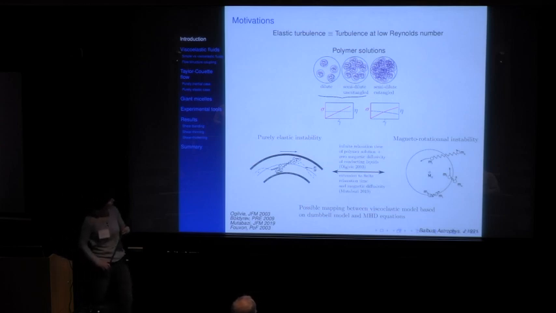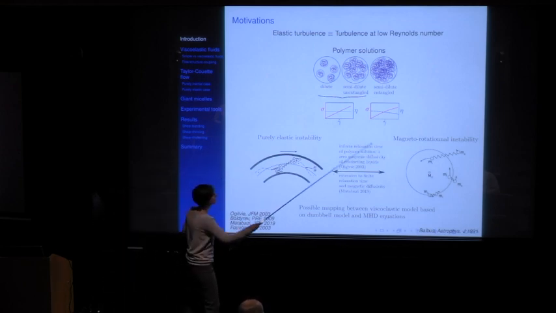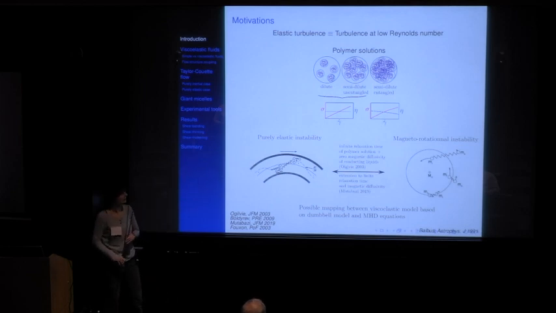And in 2003, Ogilvie and Proctor drew an analogy between the purely elastic instability and the magneto-rotational instability. And so Hantao Ji gave a nice talk about that on Tuesday.